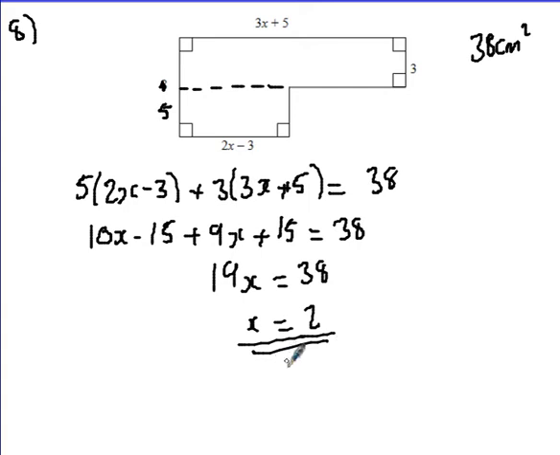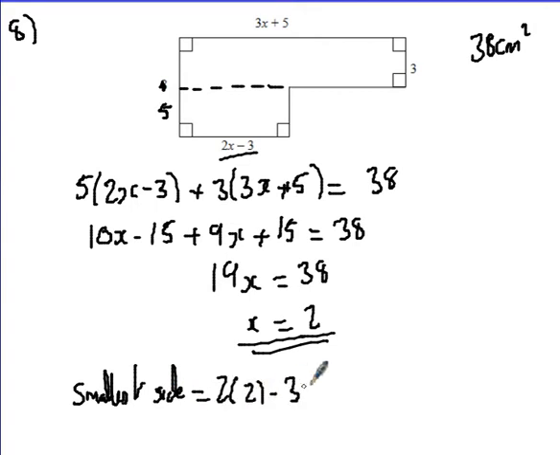Now I've not finished it because it wants the smallest side. And the smallest side then will be this side, so smallest side is equal to 2 lots of 2 take away 3. So 2 twos are 4, take away 3, then gives you your grand total of 1. And that's then question 8 covered.